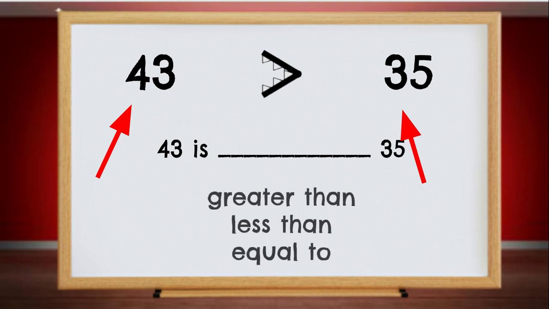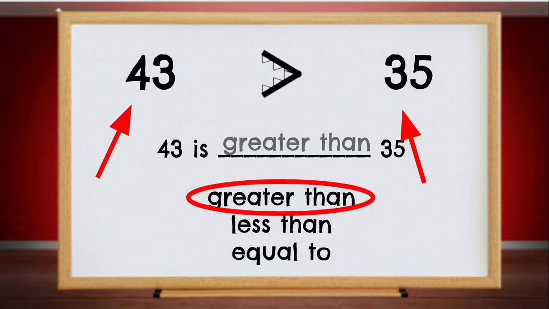So when we think about our sentence from left to right, we're going to say 43 is greater than, less than, or equal to 35. That's right. It is greater than. 43 is greater than 35.